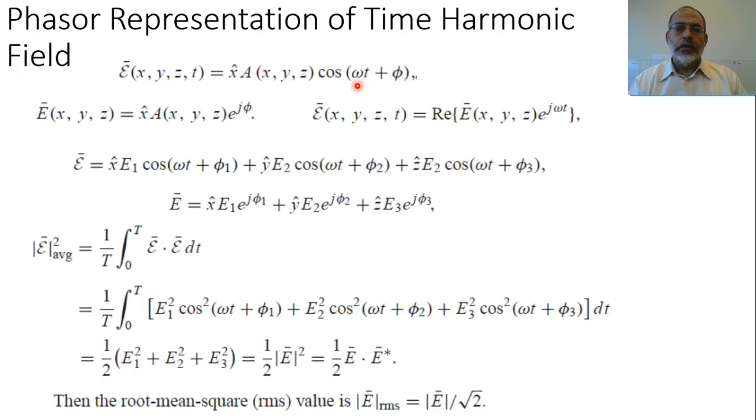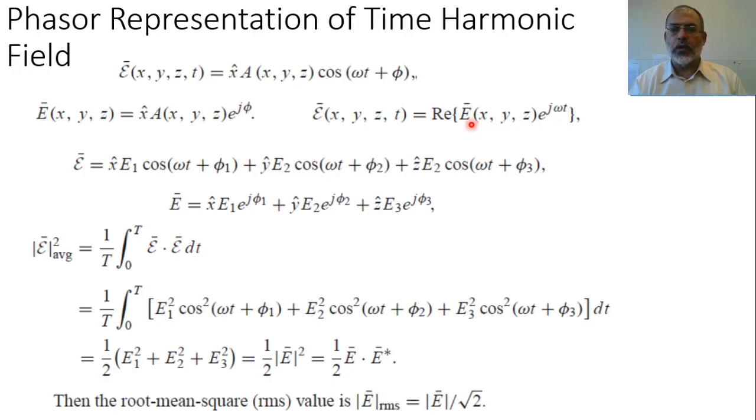Effectively, this harmonic function can be represented as a complex phasor, as the real value of e to the power j omega t multiplied by e to the power j phi. Effectively, e to the power jx is equivalent to cosine x plus j sine x.